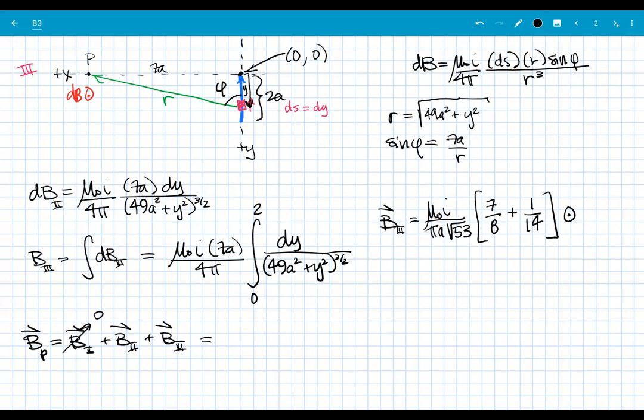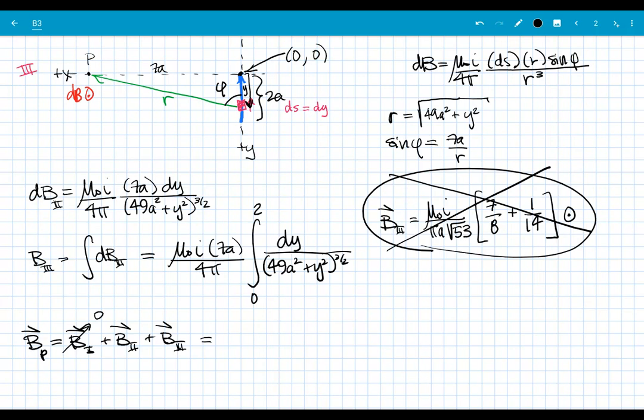I gave you this right here, which is actually the total. It's not just for segment 3. So if you were really confused there, then I understand why. So let's scratch that for just a second. And B of segment 3, just for segment 3, is mu naught I over 14 root 53 pi a, out of the page. That'll make a lot more sense.